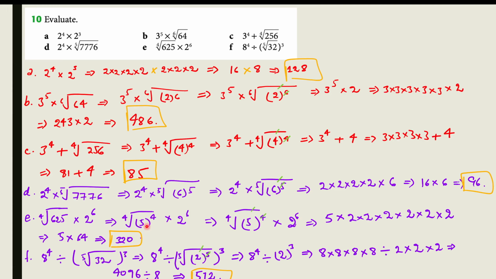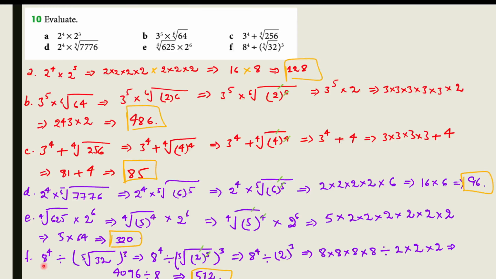So 5 raised to the power of 4 under the root of power 4, these two get cancelled and we are left with 5 multiplied by 2 raised to the power of 6. In here 2 raised to the power of 6 means 2 multiplied by itself 6 times, which is equal to 64. So 5 multiplied by 64 is equal to 320.